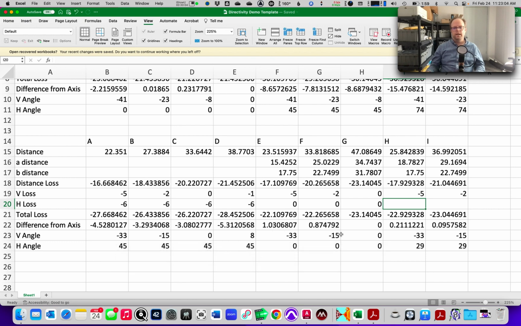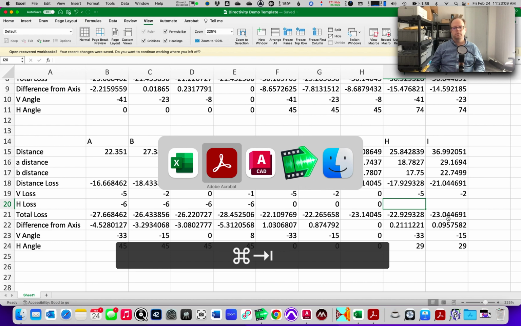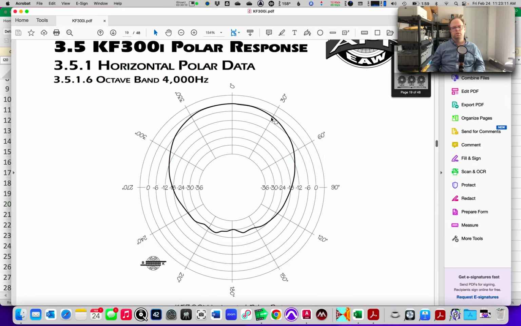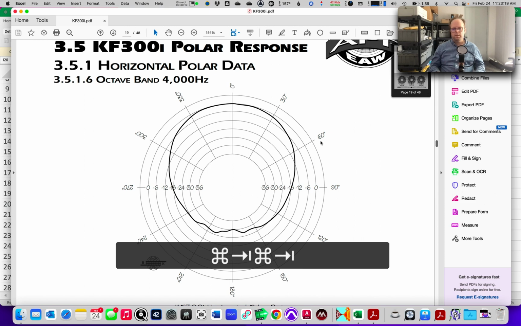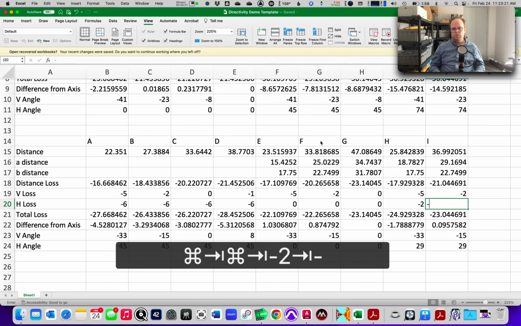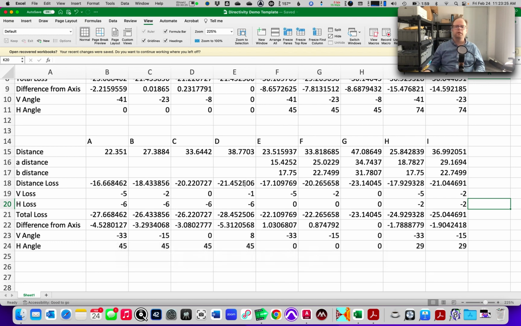And I just now need a horizontal angle of 29 degrees, which is almost 30, which looks like it's about -2, maybe -3. Yeah, -2. So -2, -2. There's a lot of wiggle room here. I mean, all of these are probably give or take a dB, but it's going to be close enough.